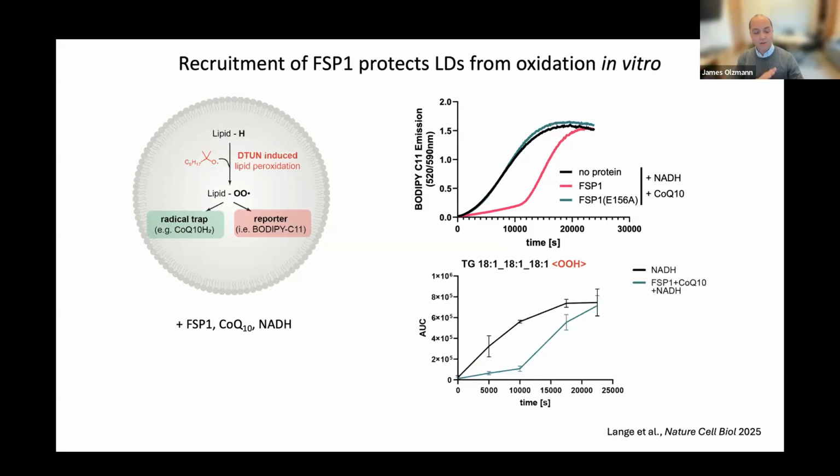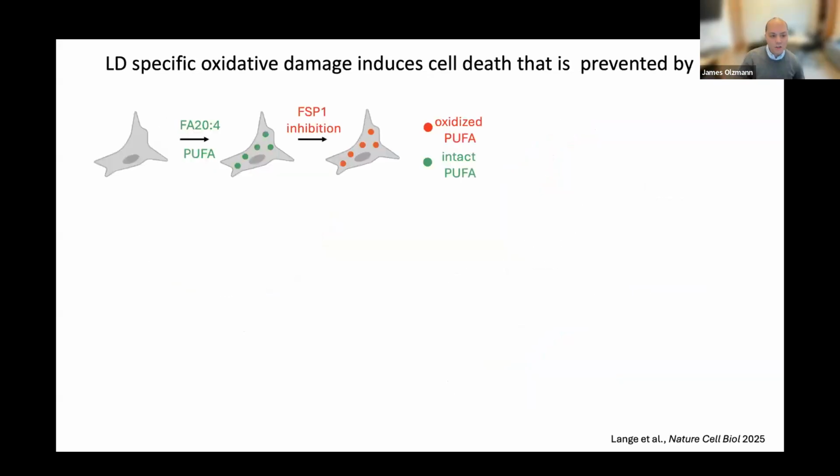So these, together with the lipidomics and imaging experiments, strongly implicate FSP1 as a defense factor to protect stored neutral lipids in lipid droplets. We wondered about the phenotypic consequences of this, and I'm going to show you some cellular experiments that we've performed, but we're interested in now moving to physiological conditions where you might imagine this might be important.